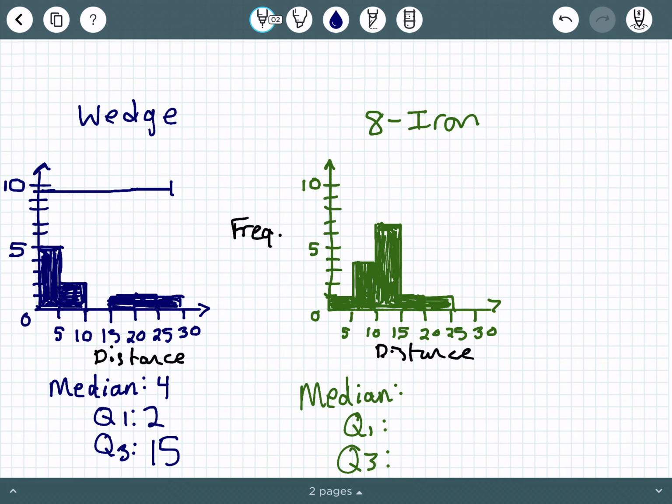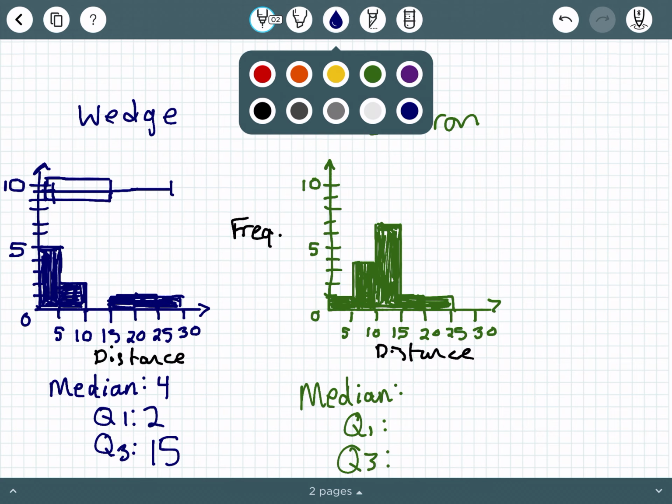It's going to be at 4, so it's going to be not quite 2.5. My quartile 1 is 2, so it's going to be down on this end. And then my quartile 3 is at 15, so it's going to be all the way up here. Those 3 lines are going to make up my box on the box plot.